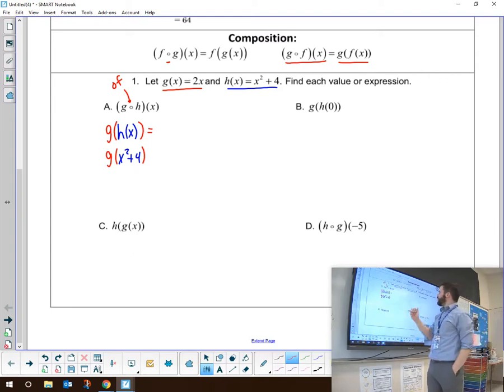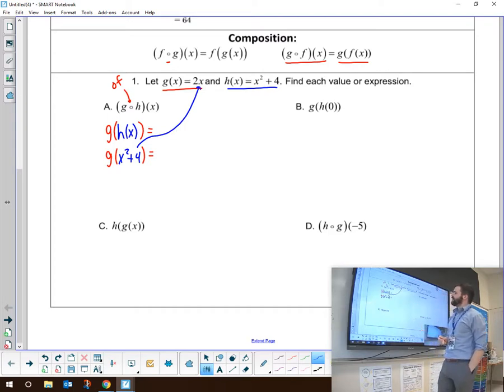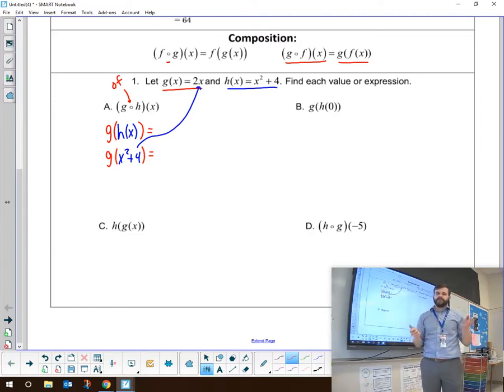We're going to take that x squared plus 4 and plug it into my equation of g of x. Just like what we did yesterday, but instead of just plugging in whole numbers or 2x's, we're plugging in an entire expression. But that's okay. It's just telling us to plug in h of x for g of x. Fine. H of x is x squared plus 4. Let's plug that in for g of x.